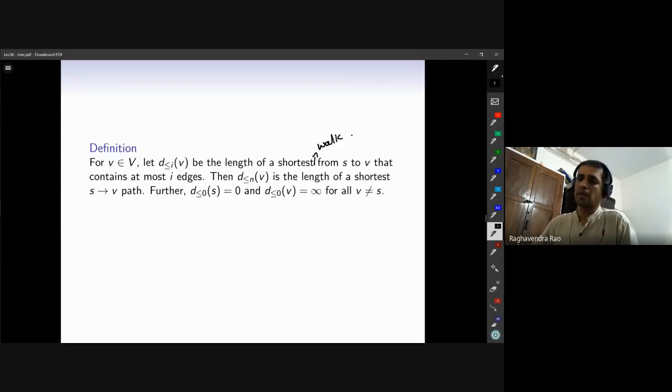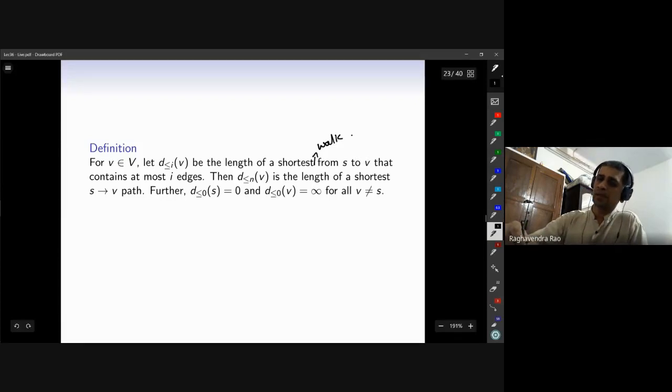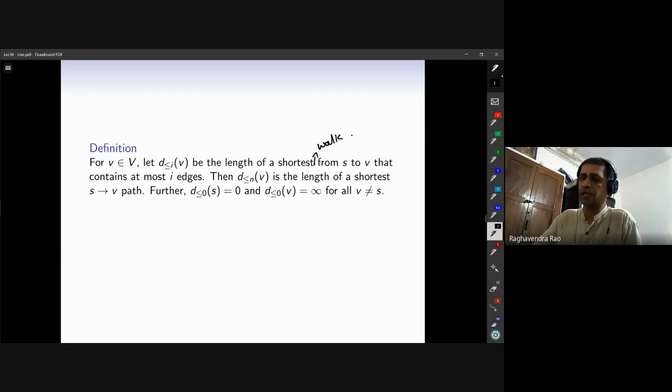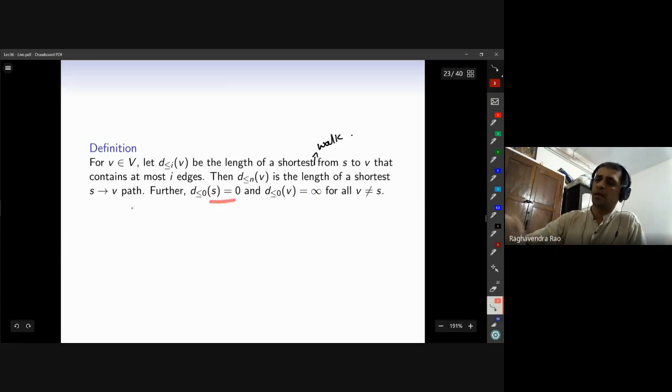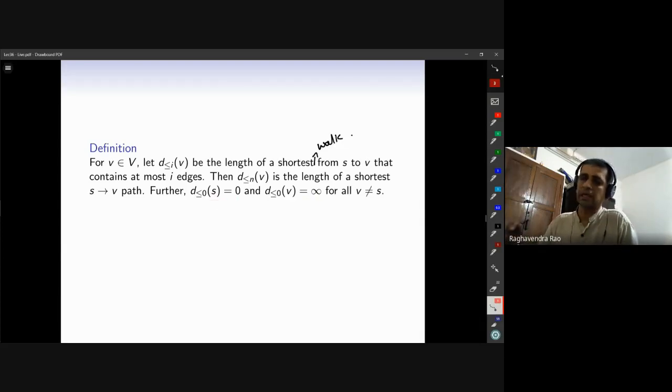If there are negative cycles, you might be taking that negative cycle and all, so what you will be getting will be walks. And of course, when we take i as 0, the distance from S using at most 0 edges will be 0. For all others, you cannot reach from S without using any edge, so we'll set it as infinity, indicating that it's not reachable.